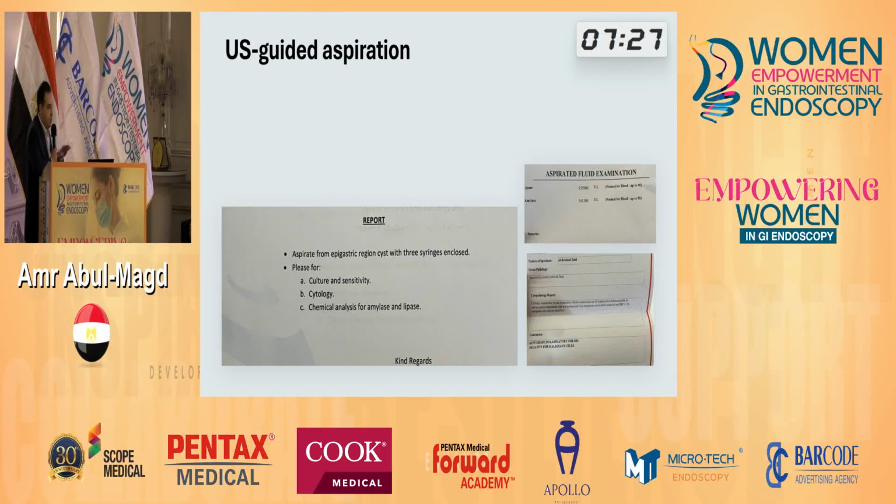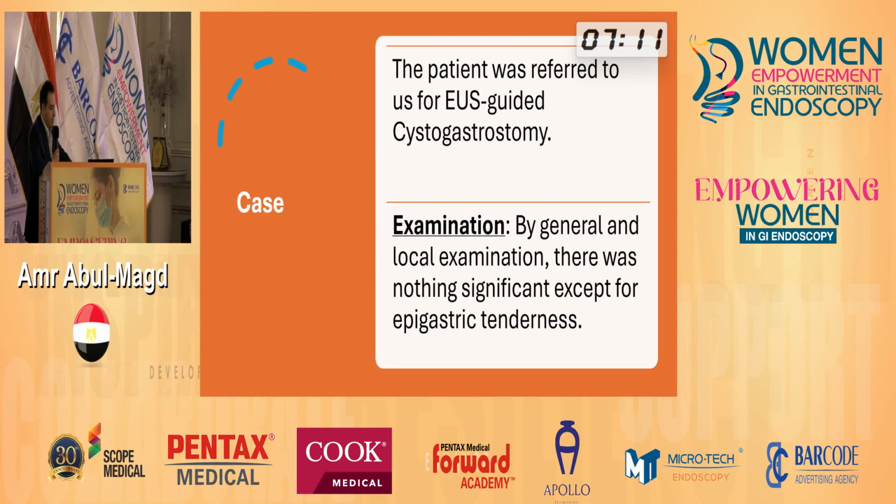So there is no doubt that you have an ideal case of post-pancreatitis pseudopancreatic cyst, proven clinically, radiologically, and by aspiration with amylase and lipase. So this patient underwent EUS guided cystogastrostomy.